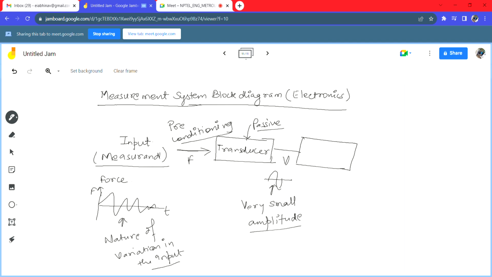What is the meaning of passive and active? Active devices are the ones that use an external power source.